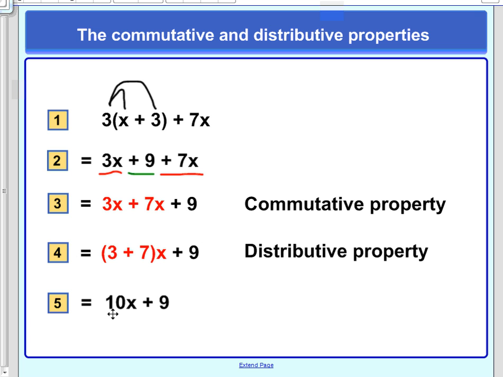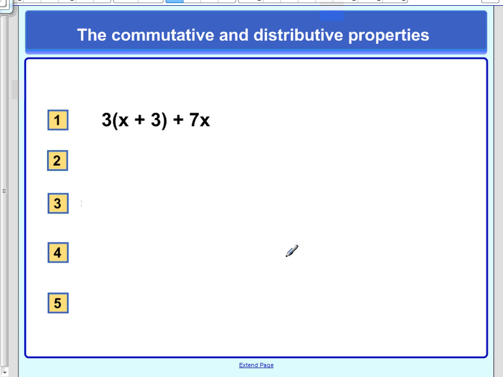Don't worry about these steps. We could just get 10x plus 9. Okay? So in this case, these are just some added steps. Just concentrate on adding together 3x and 7x to get this 10x.